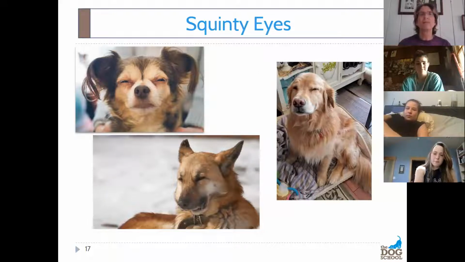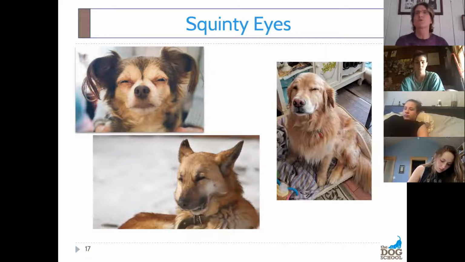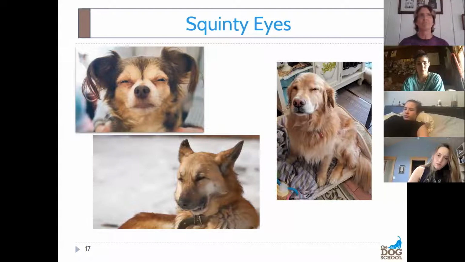So I don't think I had this specific slide last week, but we did talk a little bit about squinty eyes. Squinty eyes is a gesture that a dog will do in an attempt to soften its own facial expression to give a message to a person or another dog, or it could be towards a cat that it's scared of, to basically say, I want to be peaceful here.